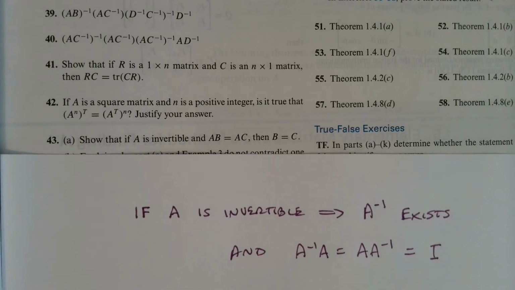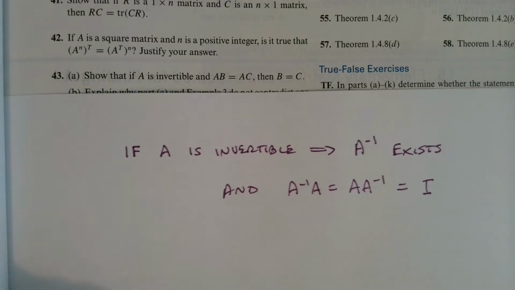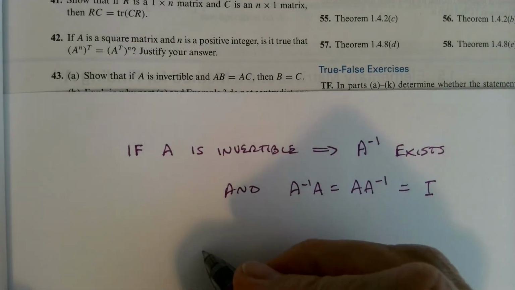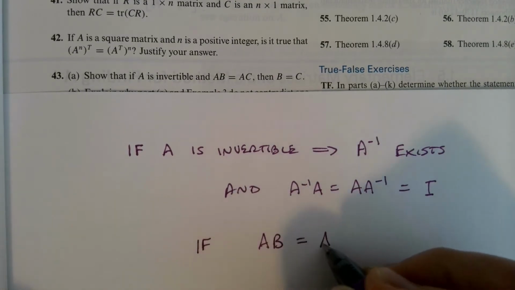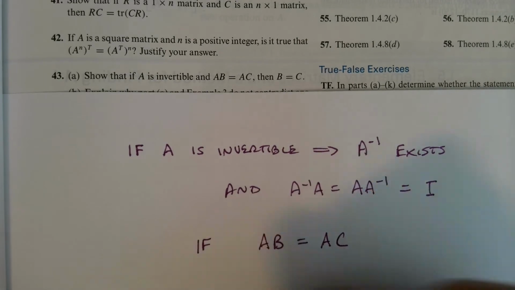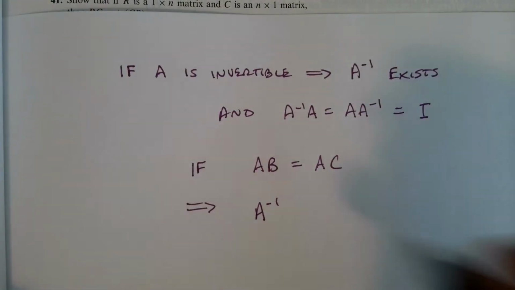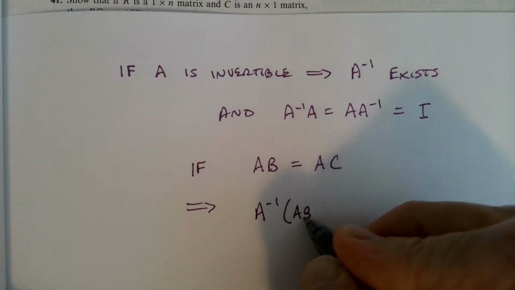So if I look at 43 then, and start with, if we have AB equaling AC, then I can multiply by A inverse on the left, both sides of this equation.